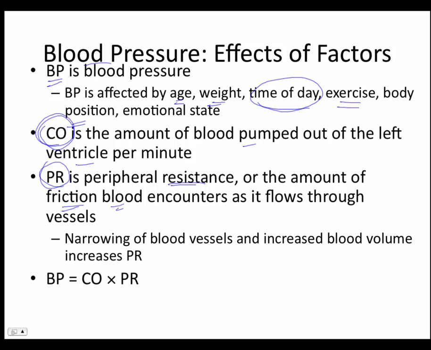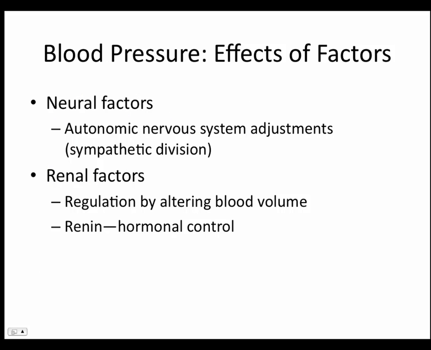How do you change your blood pressure? You can look at your cardiac output and your peripheral resistance. If you have a lot of peripheral resistance, your blood pressure is going to be much higher. Other factors we looked at already: your sympathetic nervous system versus your parasympathetic nervous system. The sympathetic system is going to increase your blood pressure, especially in the fight or flight response.